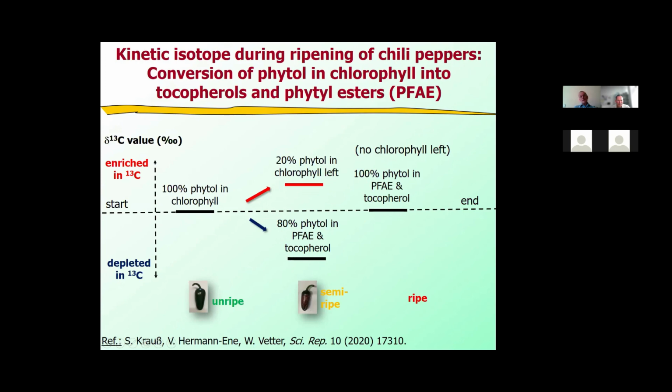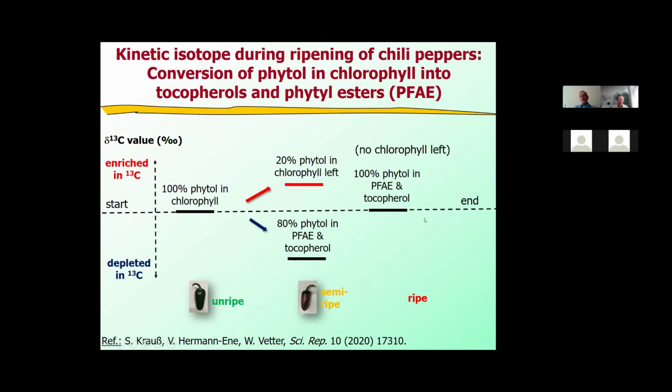Then if it's reacting, the remaining part gets more heavy in carbon, and the products will be lighter. At the end of the reaction, when everything is transferred, you will have the value which you had in the beginning, starting from the chlorophyll.